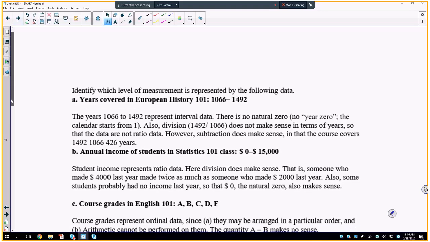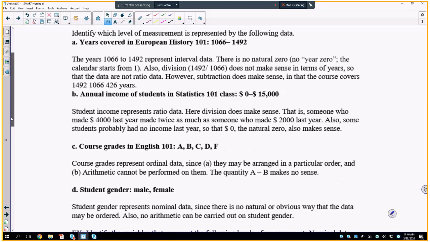We have a question. We want to identify which level of measurement is represented by the following data. And the answers are already here. The years 1066 to 1492 represent interval data. There is no natural zero, and division doesn't make sense. 1492 divided by 1066 doesn't make sense.